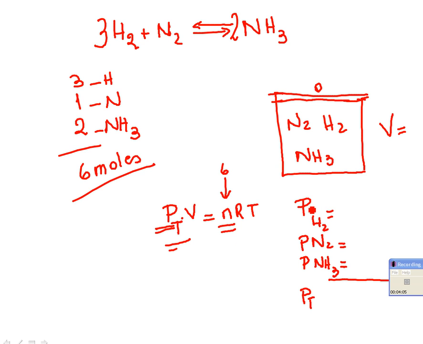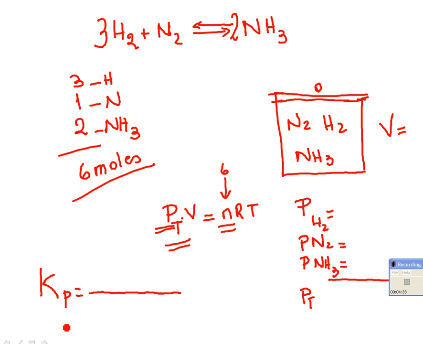Why is that important? Because the partial pressure is going to help us to calculate the Kp, which is the equilibrium constant of the gas reaction in this case. But instead of using the concentrations, we use the pressure.